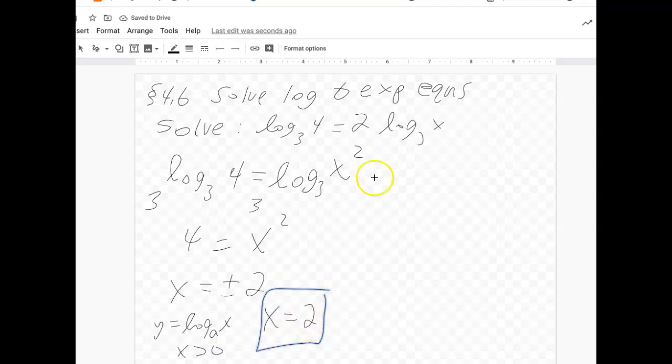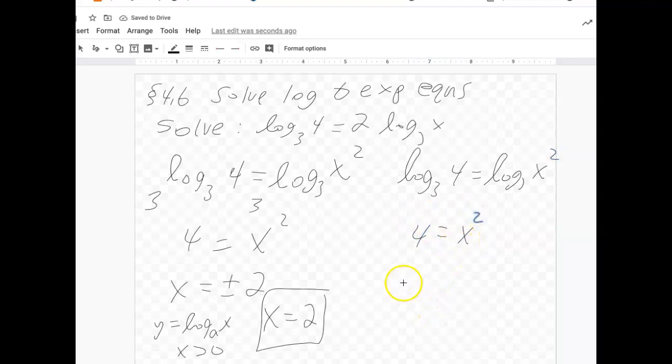Okay, so another way that we could have approached this problem is when we have exactly 1 log on the left and exactly 1 log on the right, essentially what happens is that we can drop the logs. So we get 4 equals x squared.